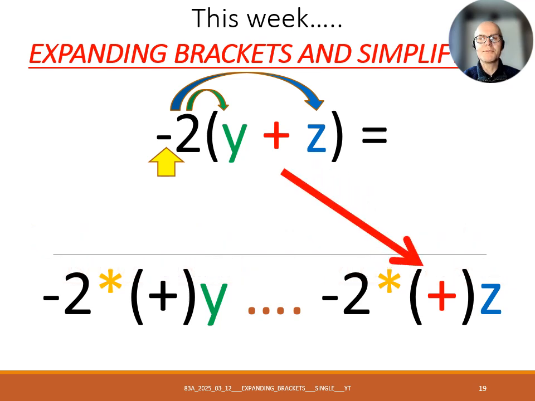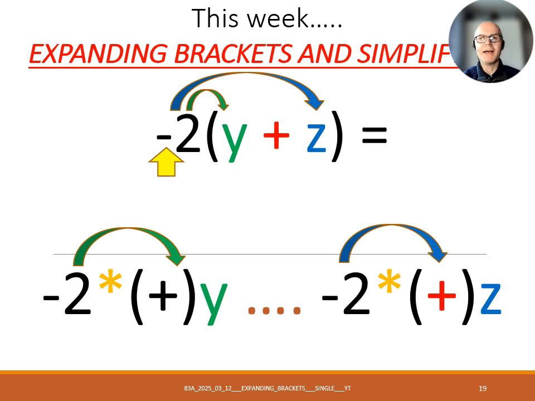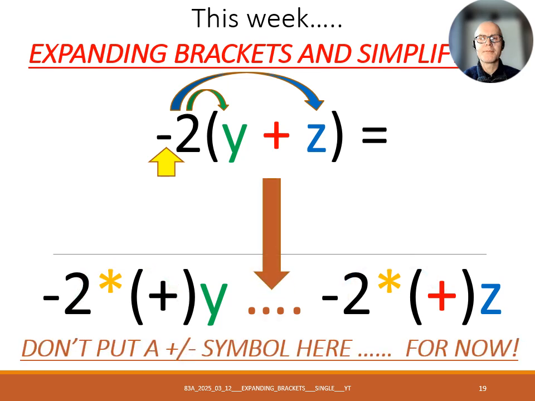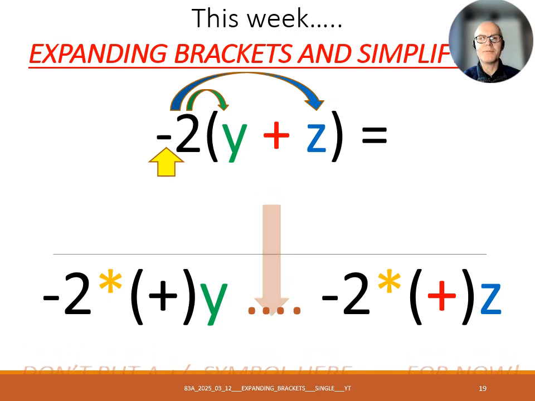Here's where the positive comes for the positive z. Negative 2 times positive y and negative 2 times positive z. Split it into two separate equations for now.